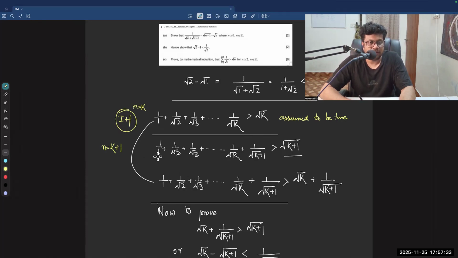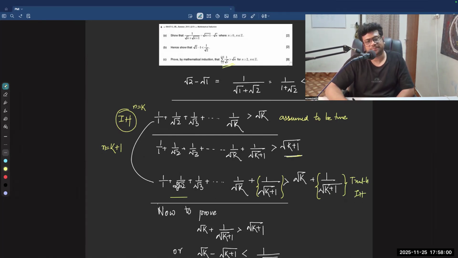So you want to start in the expression from 1 and reach k plus 1, and it should come out to be greater than root of k plus 1. Okay, fine. Well, I bring back my inductive hypothesis in here, and in that step, I add 1 by root of k plus 1 on the left and on the right. So this is a truth that I know from my inductive hypothesis.